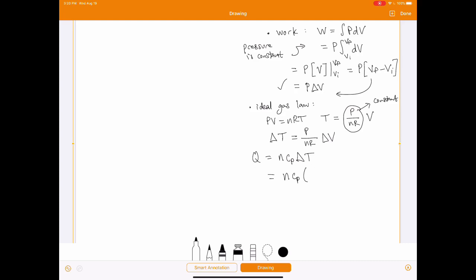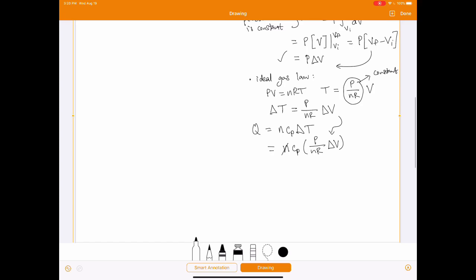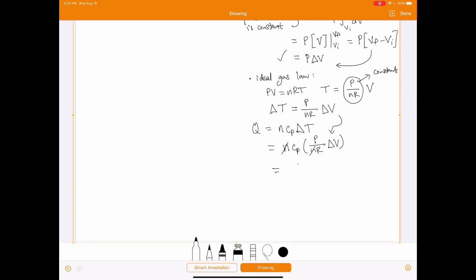So instead of delta T, we'll sub in P divided by nR times delta V, which is what we just worked out. And n is going to cancel. What we'll be left with is Cp divided by R times P delta V. Okay, so that's an expression for the heat in this type of process.